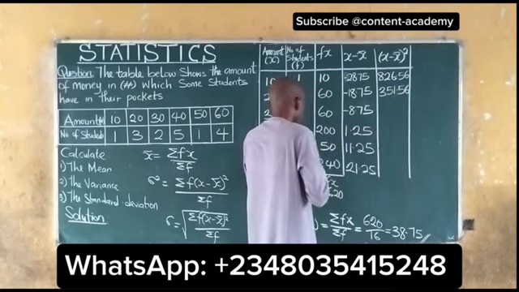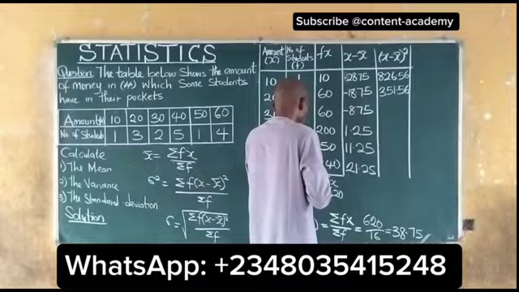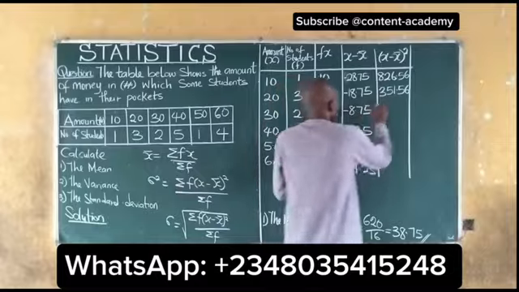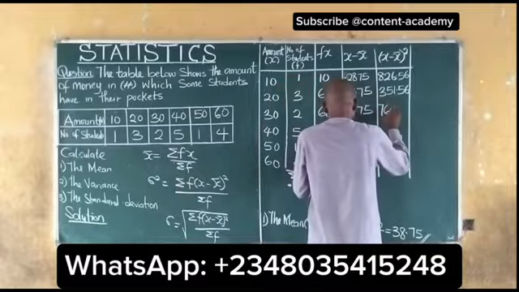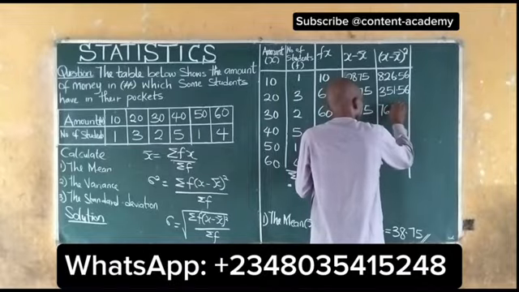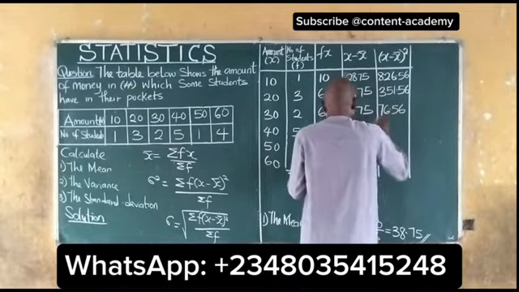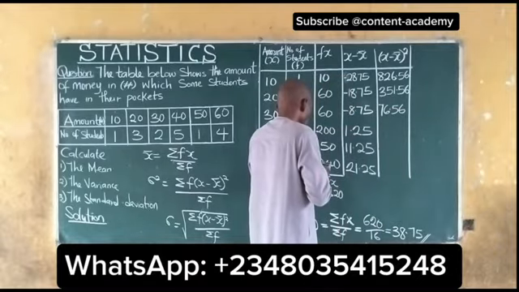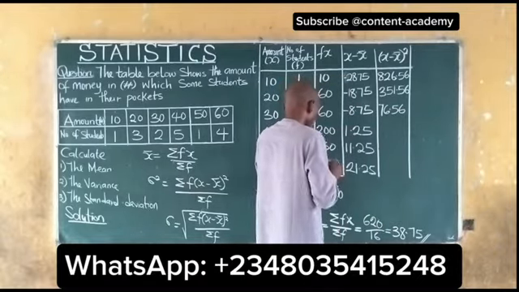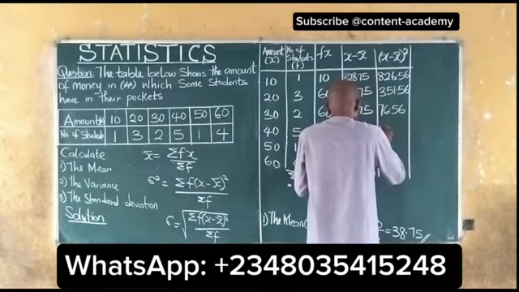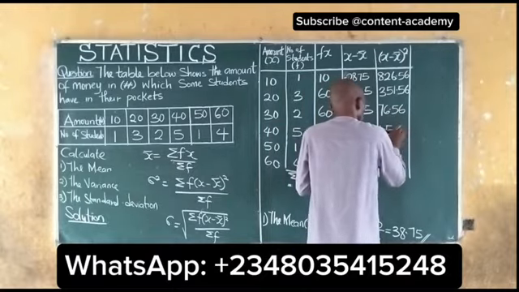We have 8.75 squared, which is 76.56. We have 1.25 squared, we have 1.56.